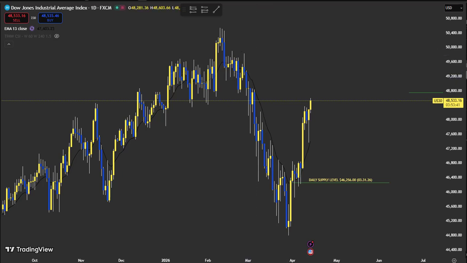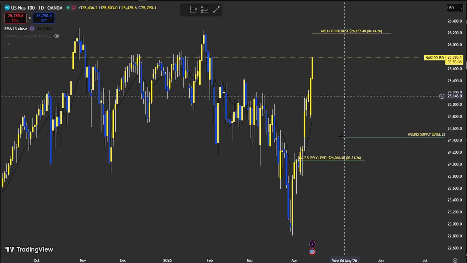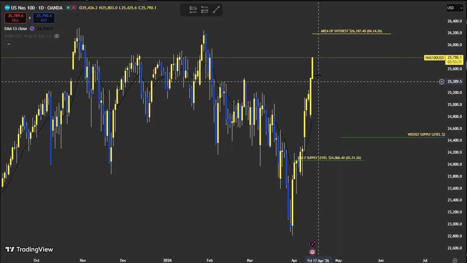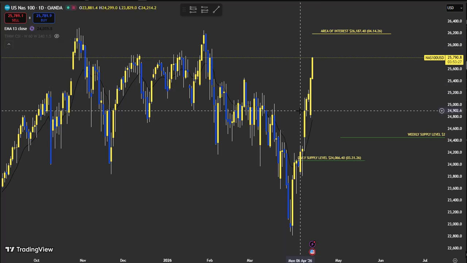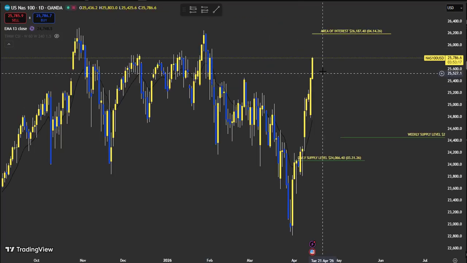The Dow is just a little bit more lethargic than the other indices, but these other two actually give you clarity about where they are. They moved up pretty significantly as well, blowing through the weekly supply level. Then we have an upside area of interest of 26,187.40 on the Nasdaq. This is the daily chart. If price closes above there, then we're looking for a pullback and an entry back into the Nasdaq.